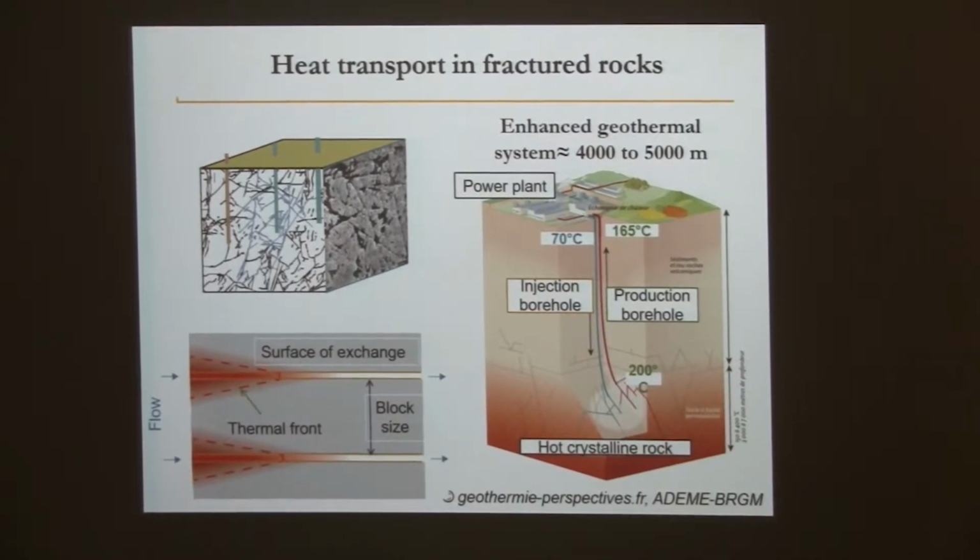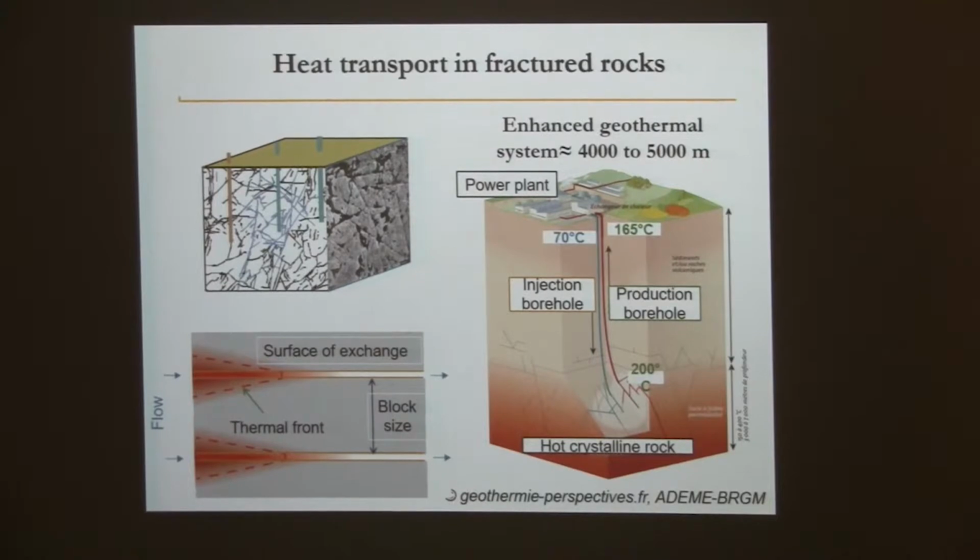Typically, there are fewer geothermal applications for shallow aquifers in fractured rock; it's more typical for what is called an enhanced geothermal system, where the idea is to look for a deep geothermal resource in what we call hot dry rock, which may be non-permeable, but whose permeability may be enhanced.